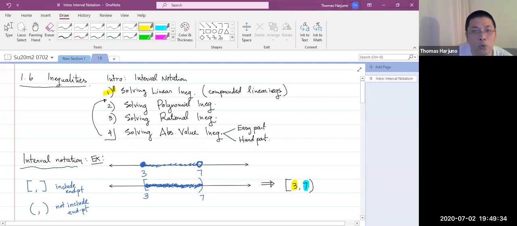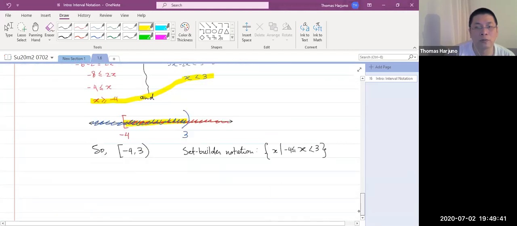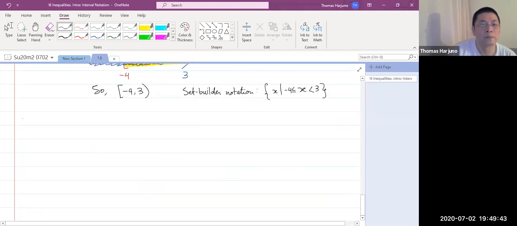Let me do polynomial inequalities. Instead of doing number 4, let me do polynomial inequalities first. Did I say polynomial linear inequality? Duh. Polynomial inequality.